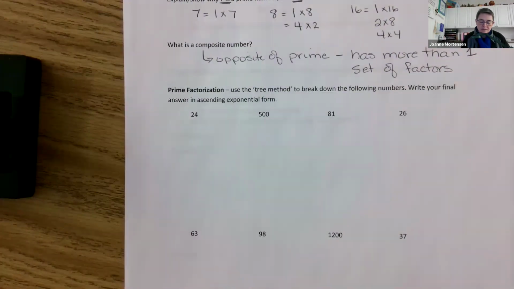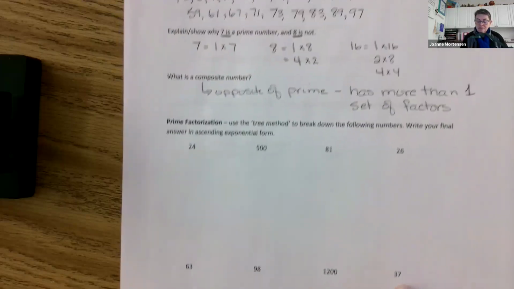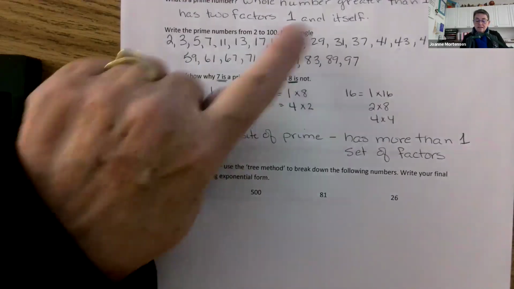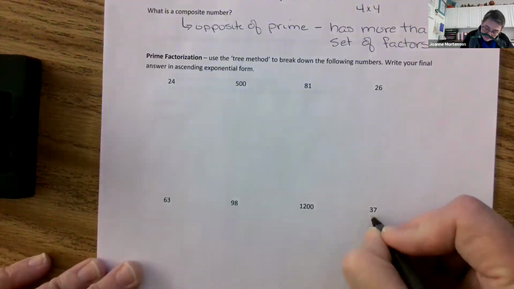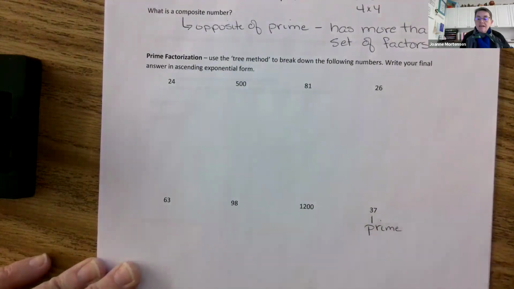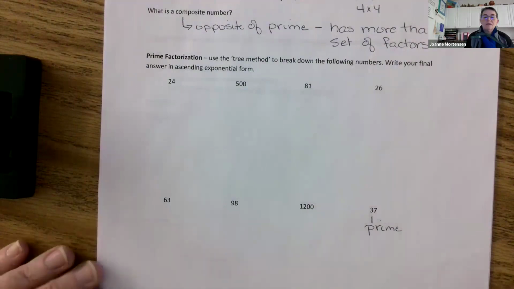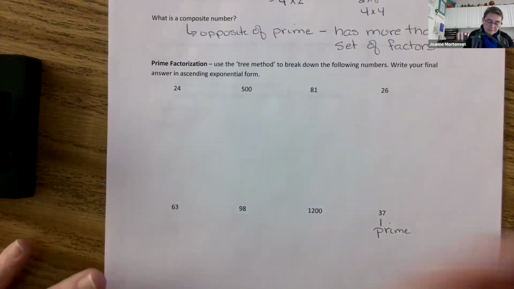Oh, wait a minute. Trick question. I recognized it. Look, 37. Yeah, can't factor it, because the only factors are 1 and 37. Okay, back to what we're supposed to do.